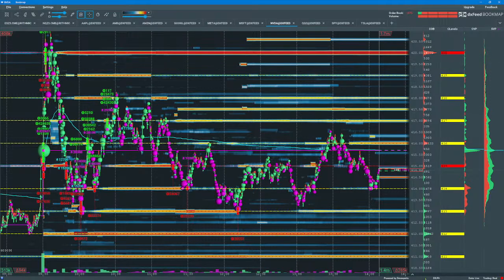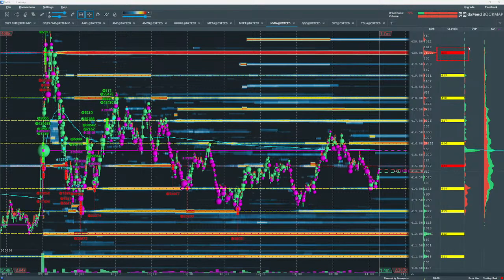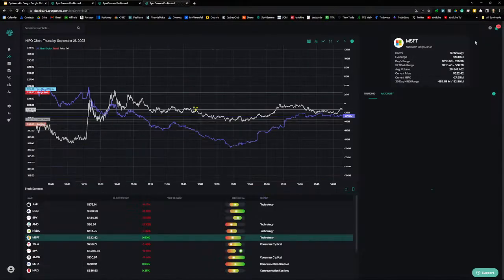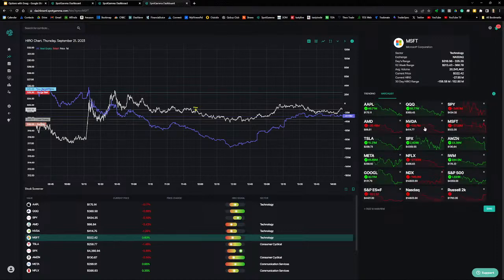All right, 420 is actually the put wall, and that acted as resistance today. So let's go see what options traders were doing at the 420 put wall. So let's go to NVIDIA now.